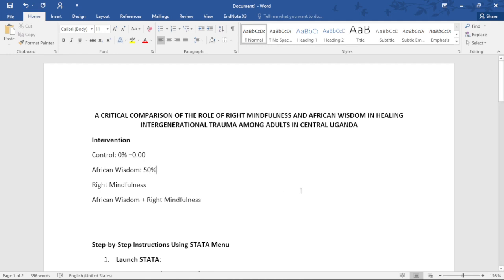We expect that 50% of our participants are going to get healed. We expect the African wisdom to offer treatment to 50% of the people. We give it that moderate level. In terms of decimal, it's 50 out of 100, which is 0.5. So we expect the reduction proportion to be at 0.5.